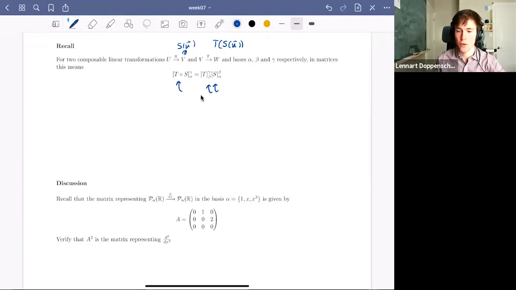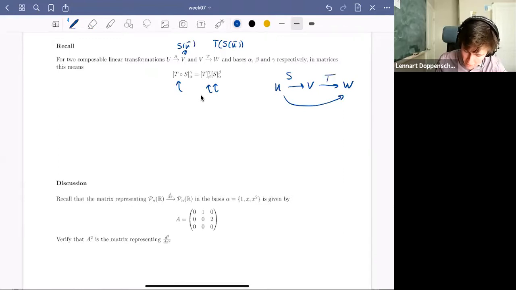So whether you compose the transformations, T composed S on the left-hand side, and then take the matrix representing it in bases alpha and gamma of U and W, or whether you compute the matrices of T and S first, and then you compose those in terms of matrix multiplication, that is absolutely the same. Just to make this clear, if you have S from U to V and T from V to W, the composition of S and T is T composed S, going from U to W.